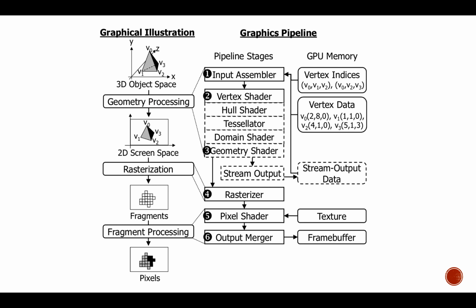GPCs perform computational tasks such as shader execution. Each GPC consists of a raster engine, a hardware unit for rasterization, and texture processor clusters, TPCs. Each TPC contains a PolyMorph engine, PME, and a streaming multiprocessor, SM, consisting of computational resources.